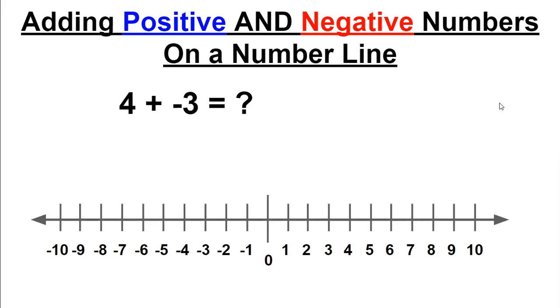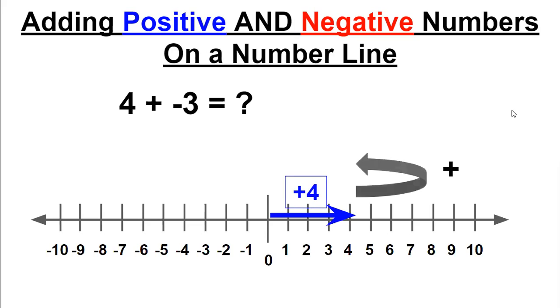There's our number line. So 4 goes to the right because we're going in the positive direction, right? What about adding negative 3? What direction are we going to be going? Exactly, we're going to be going to the left. See how that looks? So here's our positive 4. We're going to go backwards now because we're adding a negative 3.